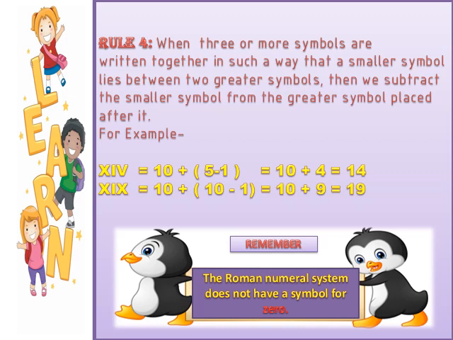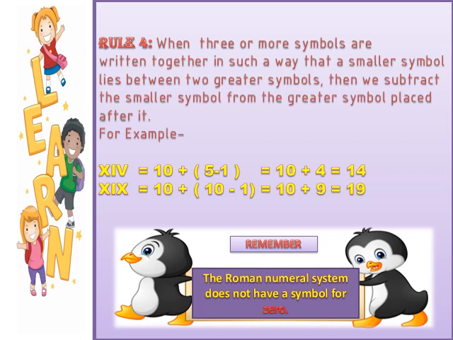I is a smaller symbol and X and V both are larger symbols, and I is placed before V. As we discussed, IV is 5 minus 1, 4. So XIV is equal to 10 plus 4, 14.